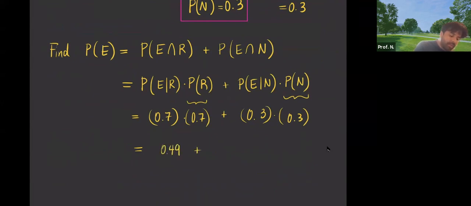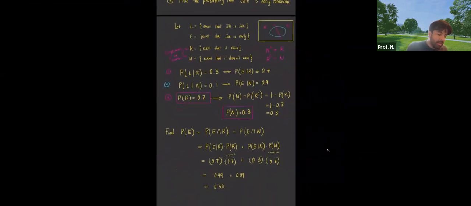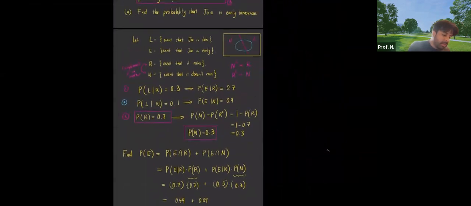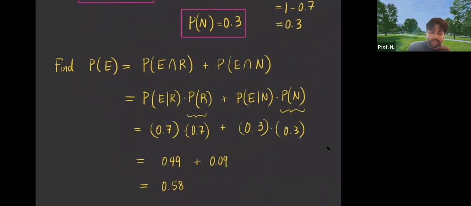Plus 0.3 times 0.3 is 0.09. And so he's early with probability 0.58, right? So nearly half the time he's early. Does that make sense?